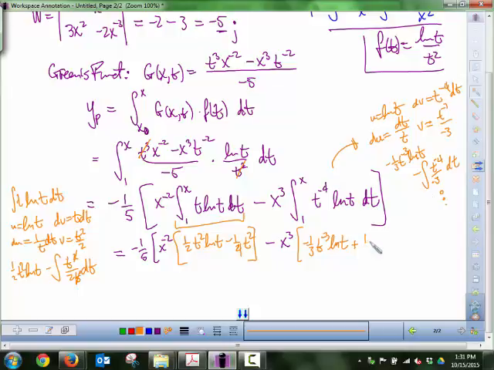Well, let's pull out the 1/3, and then we have t to the negative 3 again. So t to the negative 3 times 1/3. So let's just make this into a 9, and then that should be it. Oh boy. All right. Don't forget that we have to evaluate this from 1 to x.